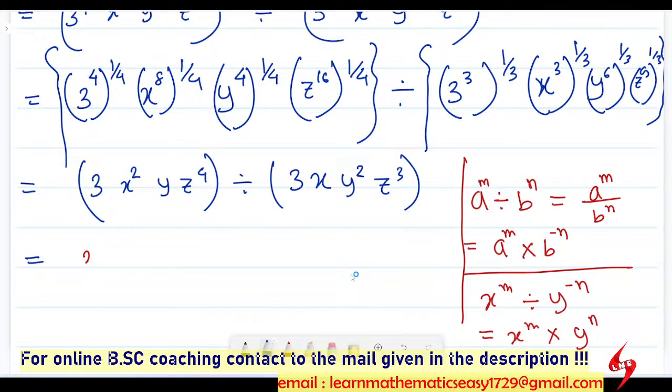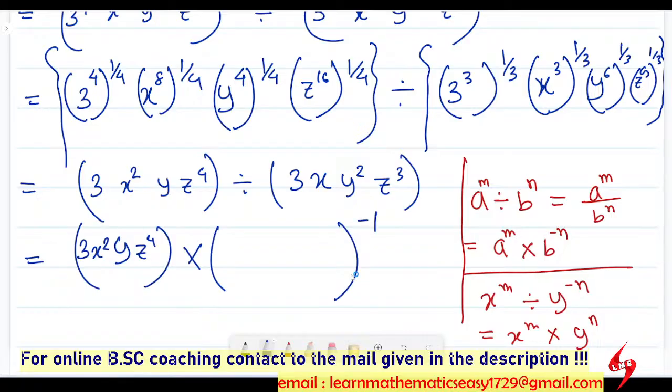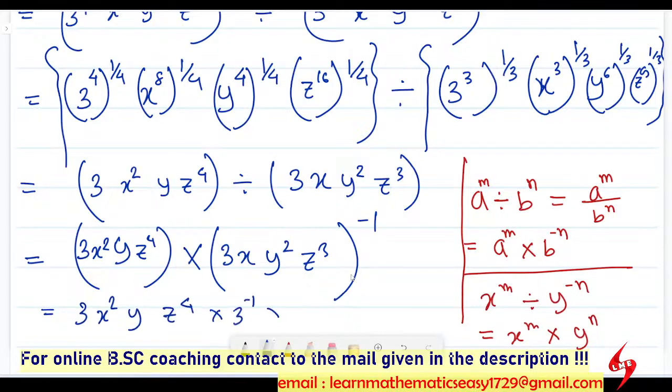So here you go, 3x squared y z to the power 4. I am transforming it to multiplication, the power will be -1 for the whole denominator, so that will be 3x squared y z to the power 4 into 3 to the power -1 y to the power -2 and z to the power -3.